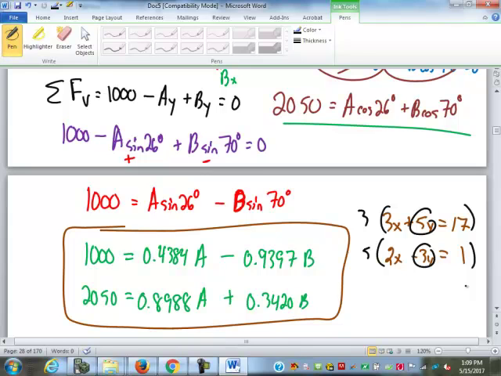So since I have a negative here and a positive here, I'm going to get rid of B's. But rather than multiplying, I'm going to divide. I'm going to divide this top equation by 0.9397.